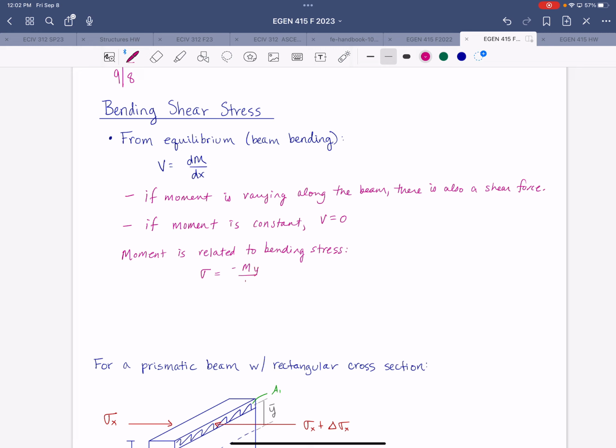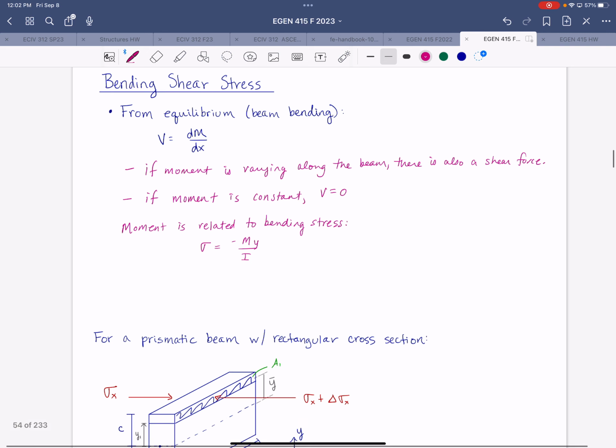Sigma is equal to negative M times y over I. And if we're typically in the YZ cross-section, it would be moment of inertia about Z and the normal stress in X. So then it follows that shear stress is generated when the normal bending stress varies.